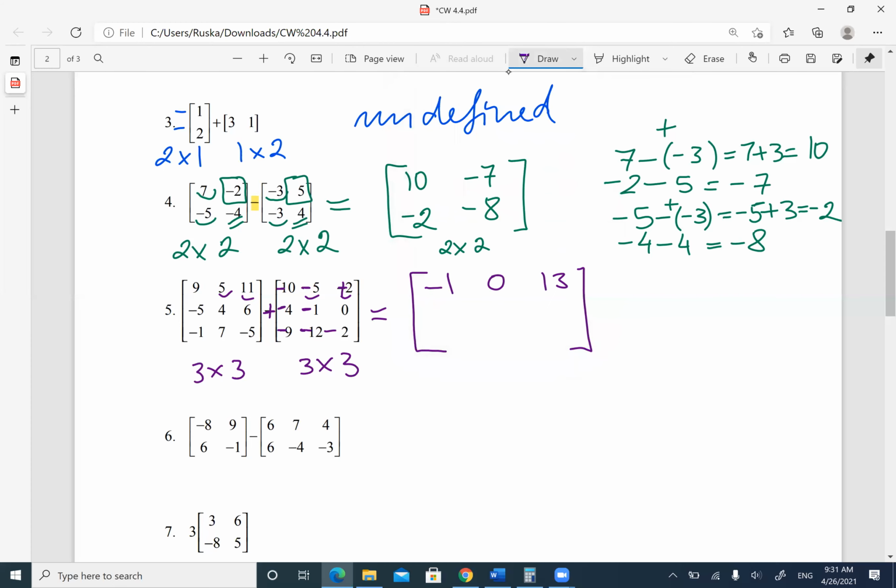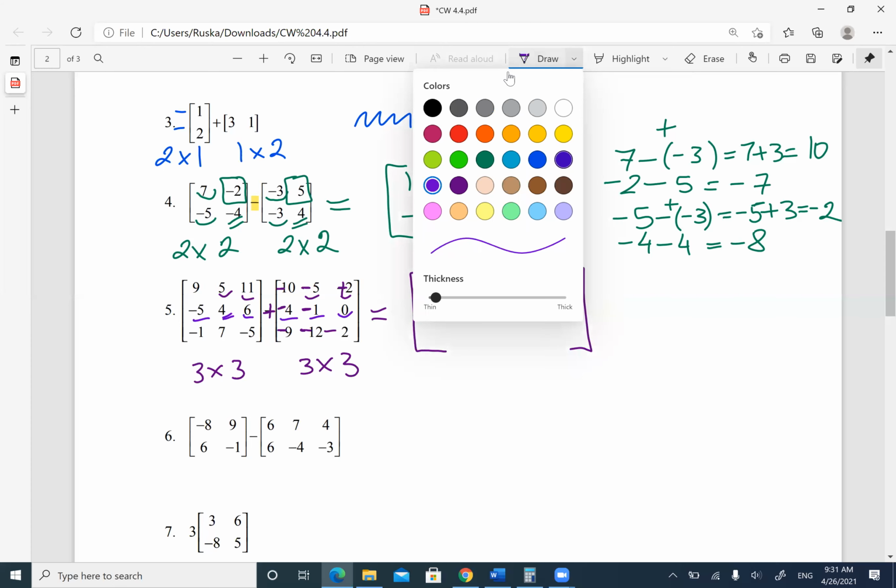So the second row, we have negative 5 minus 4 is negative 9. Then 4 minus 1 is 3. Just careful here, don't rush because with these numbers it's easy to make mistakes. So we have 6 plus 0 is 6. And then you have one more row to do.